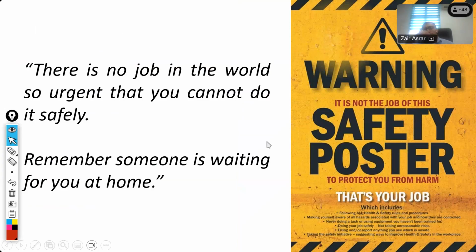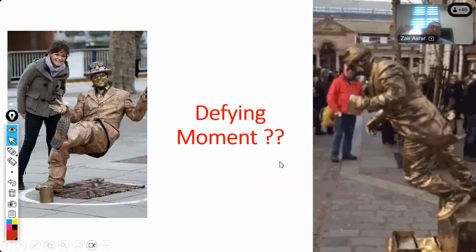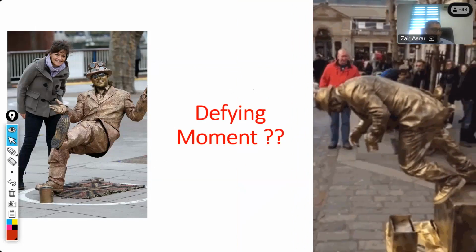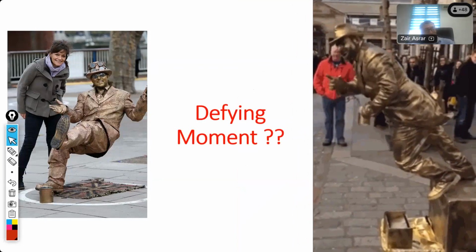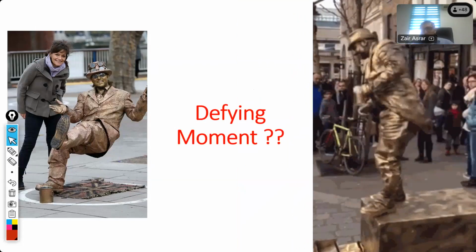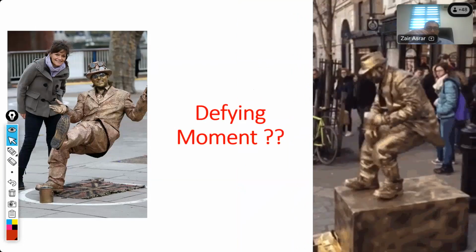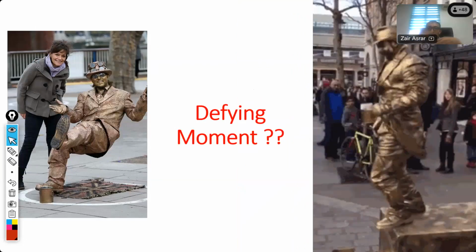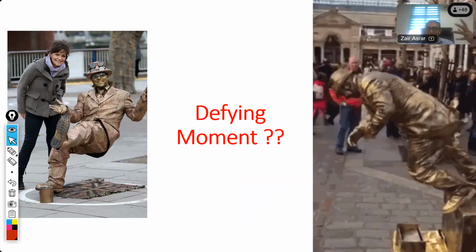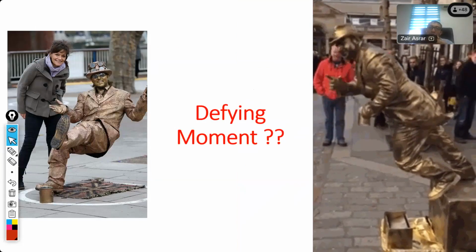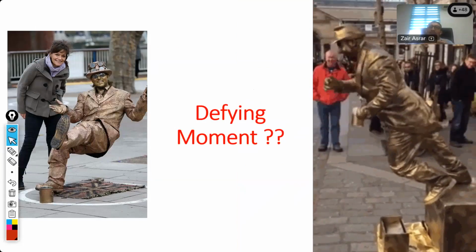I think some of you might have seen this kind of moment-defying act. Basically, street performers have done all of these tricks, especially in Europe. It's quite famous. They impersonate a bronze statue, and this statue is a living statue. If you put some money in the box, it will move, to thank you a bit.